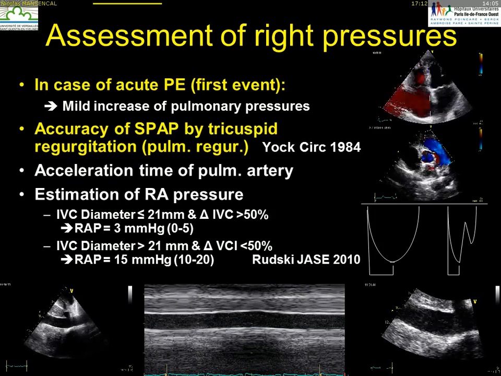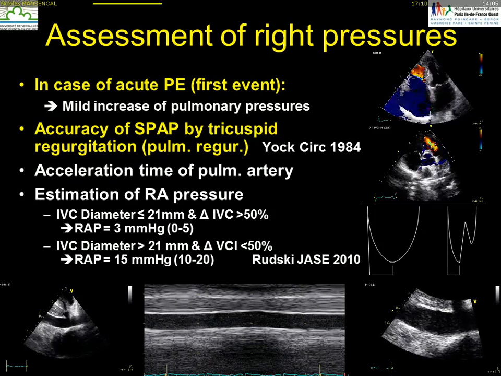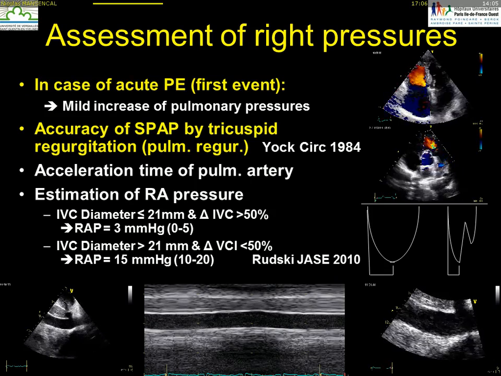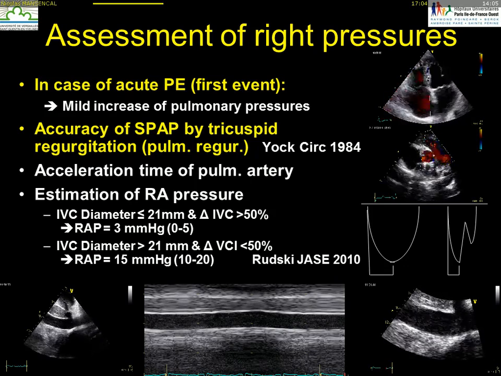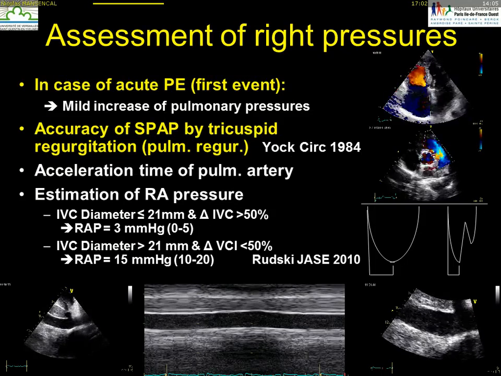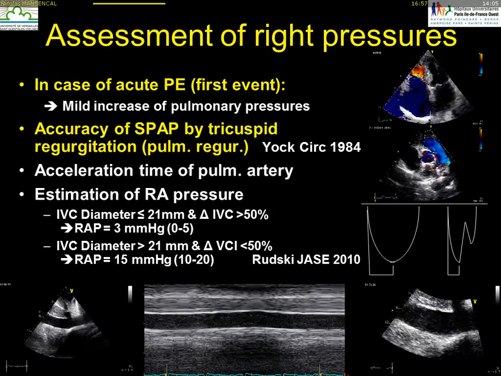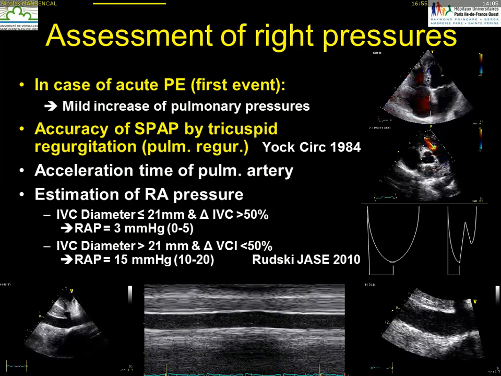Finally, we can estimate the right atrial pressures using the inferior vena cava diameter and the variation of this diameter, as recommended by the American Society of Echocardiography.